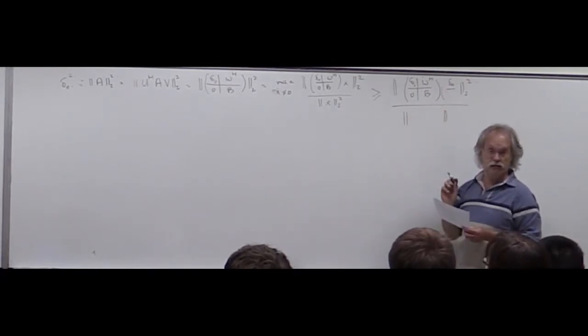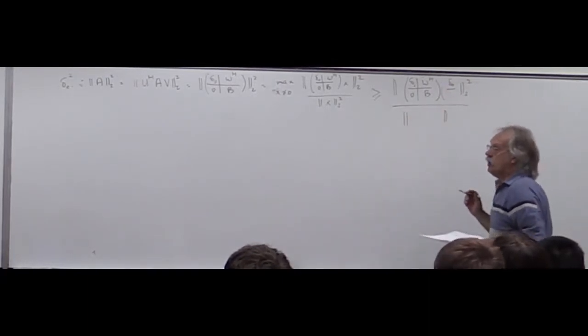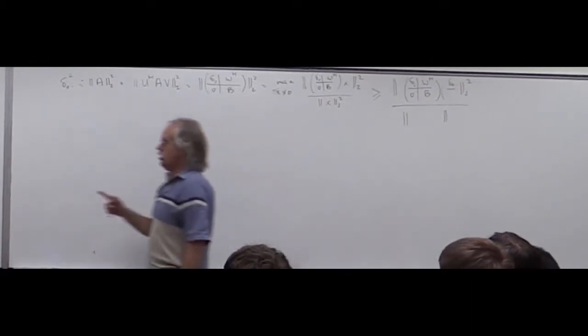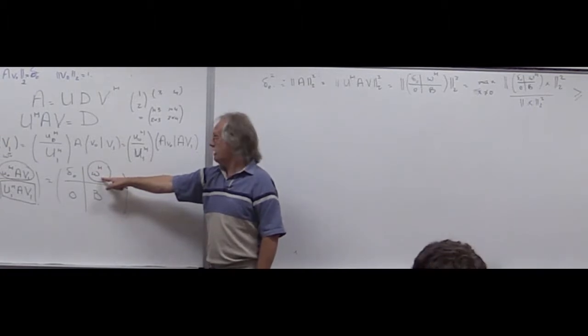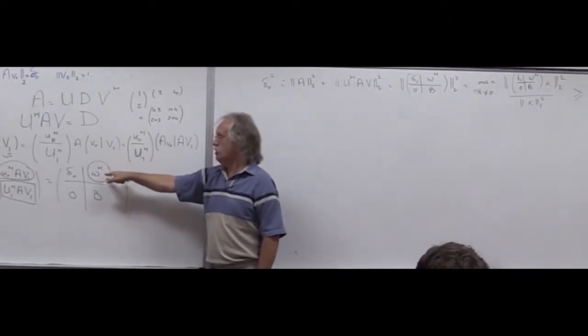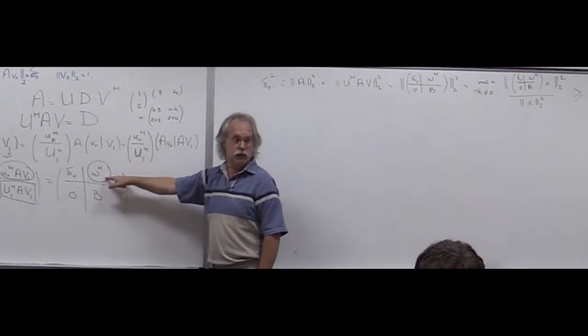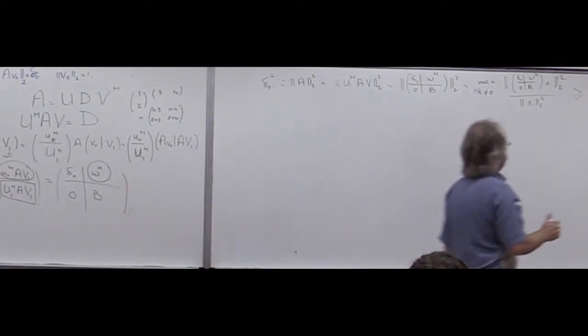Also, we would like to argue that this is of length 0, because then it's the zero vector. So it would be nice if somehow a W Hermitian W shows up, because that's the square of the length of the vector W. And if we can prove that that's 0, then we're home free, right? So let's try putting W there.